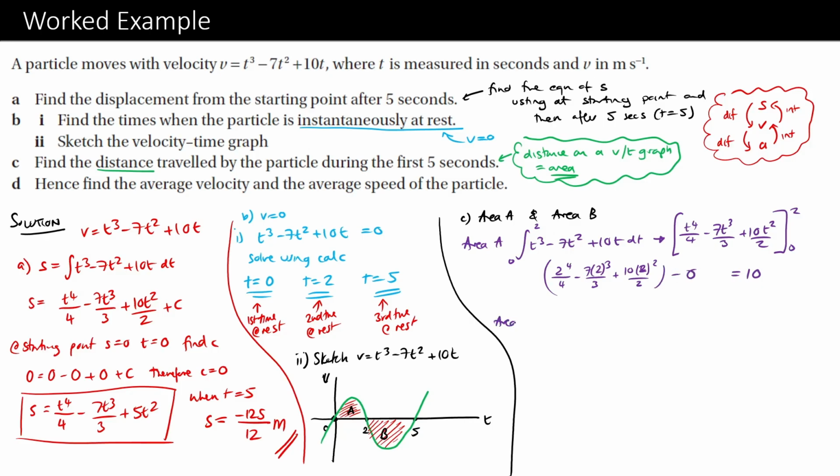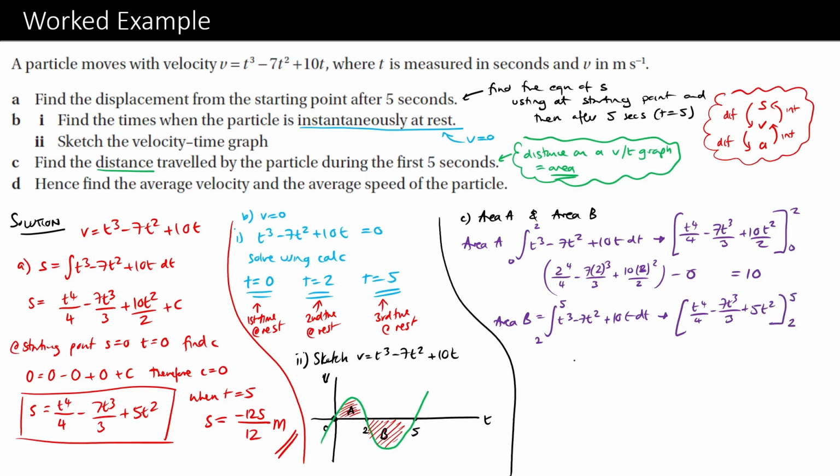And then I need to do the area of B, which is going to be the integral between 5 and 2 of t cubed minus 7t squared plus 10t dt, which again gives me t to the power 4 over 4 minus 7t cubed over 3 plus 5t squared between the limits of 5 and 2.